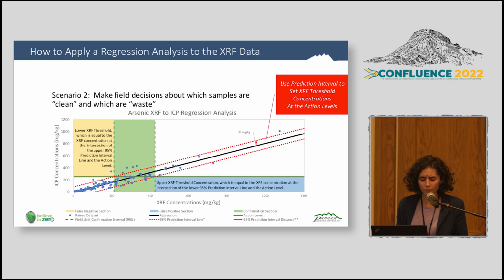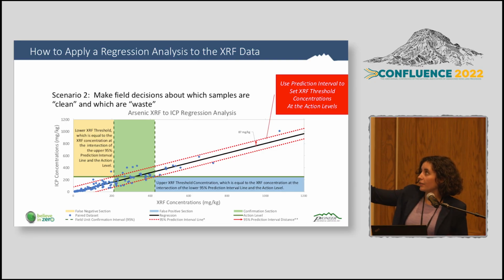So what we're trying to determine is that dashed green line that bounds that confirmation section. To calculate that, we're going to calculate the prediction interval lines.